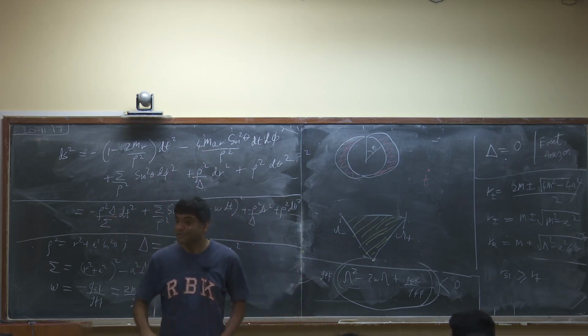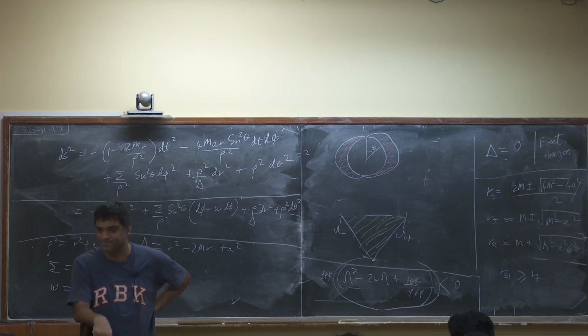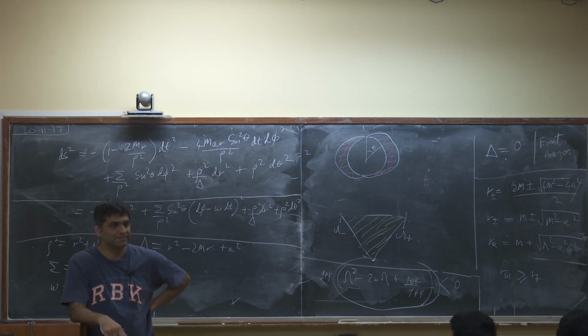So unlike for a Schwarzschild black hole, you are able to extract energy. Physical processes can and routinely do extract energy from rotating black holes.